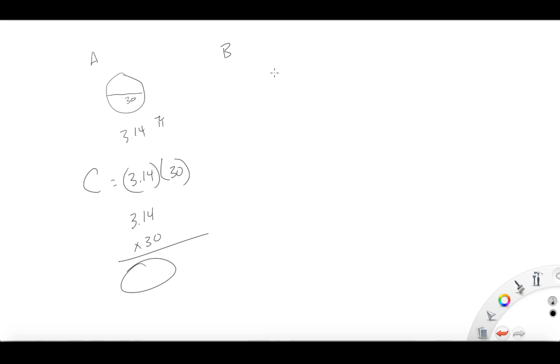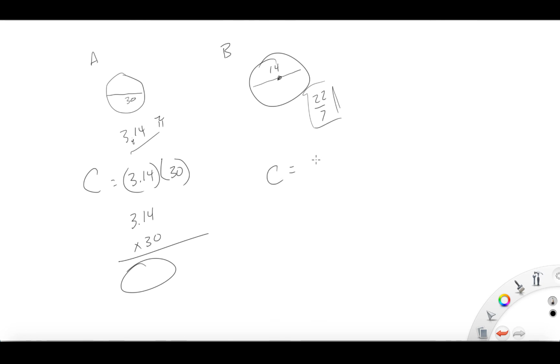B is a similar thing, except they're going to ask us to use 22/7 for pi. Instead of using 3.14 like this one, we're going to use a fraction. I'll show you what that is. What's the diameter? They give us 14 feet. Same equation.